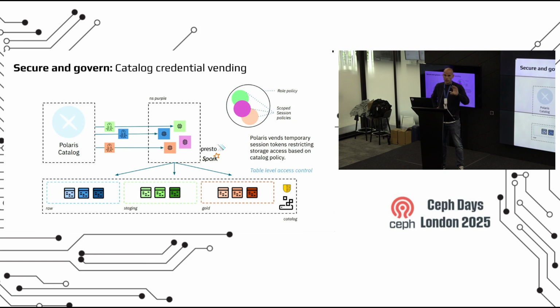So it's a least privilege approach, and it's also temporary because we're using a secure token service that is only valid for a certain period of time. So once that engine, whatever engine it is, has the STS token, it goes to Ceph, to RGW, presents that token, and then it can only access the objects that form a table with the permissions that it has.